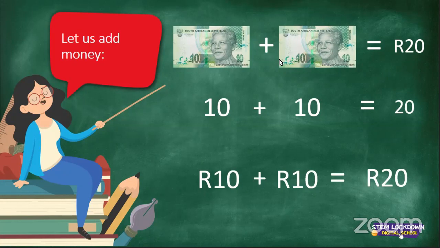Go to the chat. Twos, are you all listening? Good. To the chat. See if you can type that. So look, I'm going to do it now. Remember the capital R: 10 rand plus 10 rand equals 20 rand.